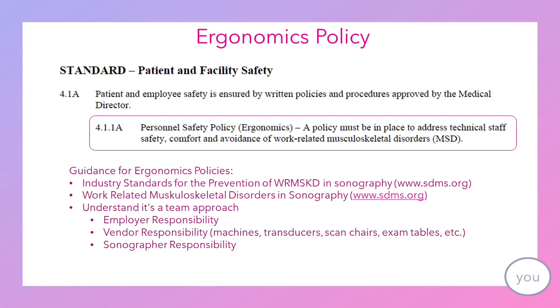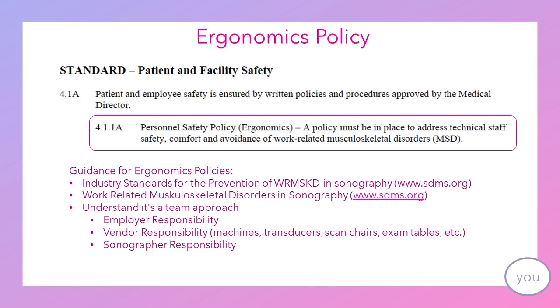And this is just an excerpt from our standards with the adult echo standards that they're encouraging us to have, or we're required to have a policy in place to address technical staff safety, comfort, and avoidance of work-related musculoskeletal disorders.